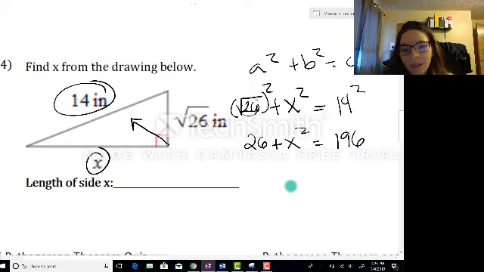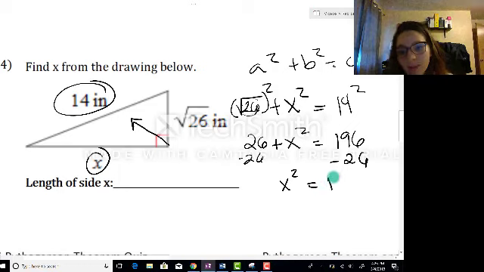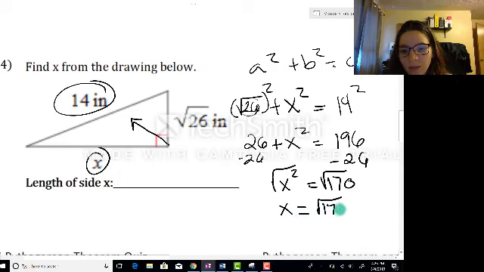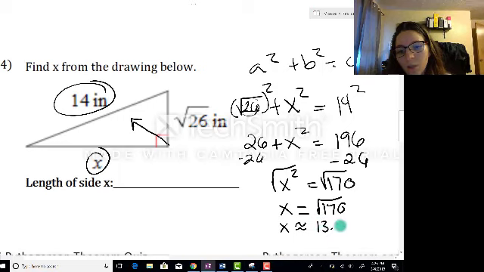Okay? And it's just solving for a variable from here on out. So you just subtract, x squared equals 170. Take the square root of that. You get x equals the square root of 170, or x is approximately 13.05.